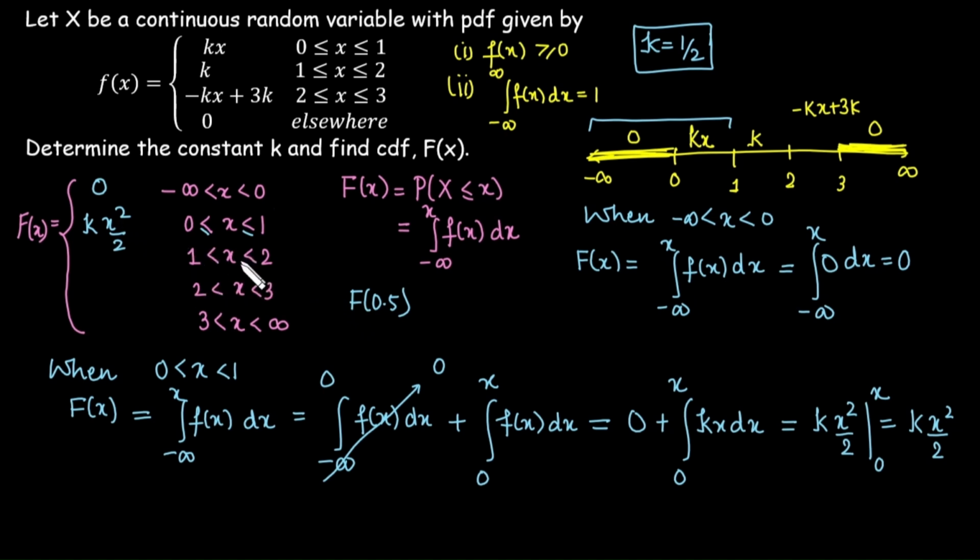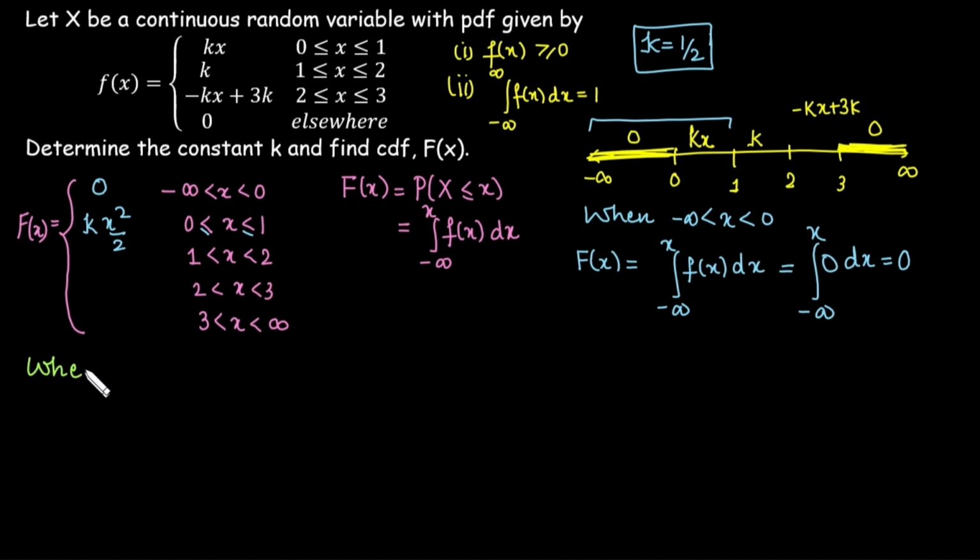Now moving towards the next interval, when x lies between 1 to 2. How to write the cumulative distribution function? That is integration from minus infinity to x f of x dx. अब maximum value of x क्या है? 2. तो मतलब हमें इंटीग्रेशन लेनी है फंक्शन की ओवर दीज 3 इंटरवल्स. माइनस इन्फिनिटी टू 0, then 0 to 1, then 1 to x rather than 2.